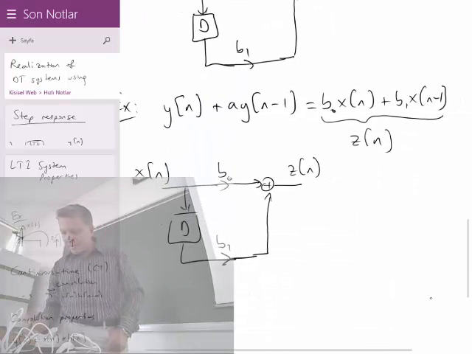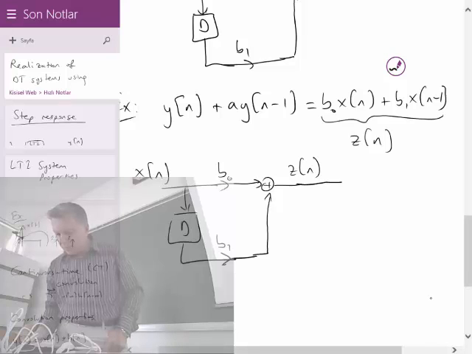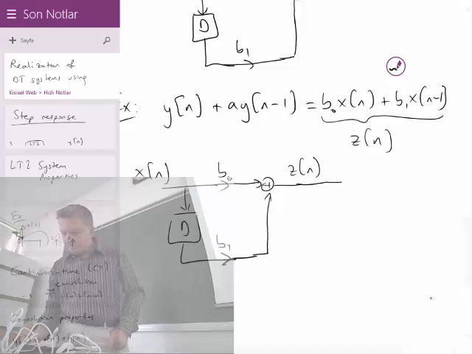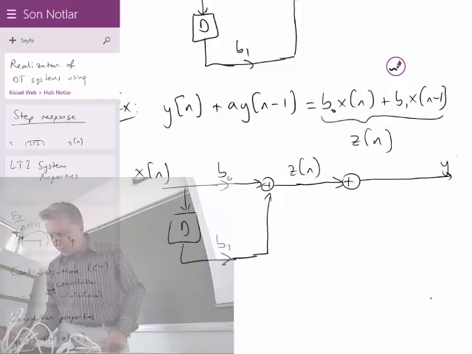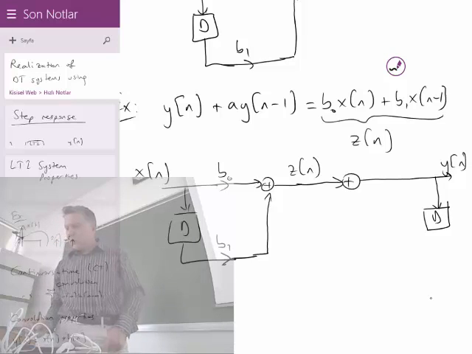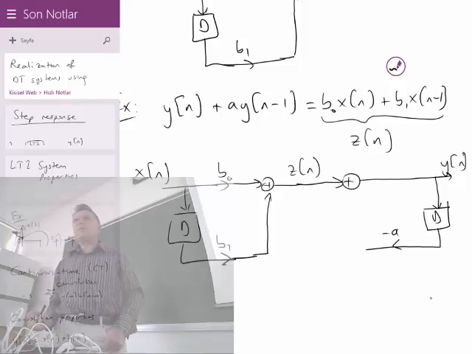Now Z of n comes into our system, and it produces a Y of n at the output. Y of n is delayed to produce Y of n minus 1, and it is multiplied by minus a. Do you remember why it was minus?